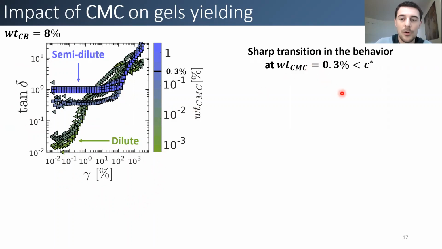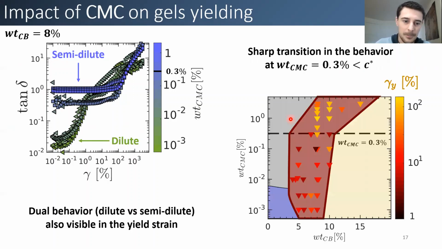And the transition also occurs at 0.3%, which is smaller than the overlap concentration. And the two-regime behavior is also visible in the map of the yield strain, where there is a zone of typically 100% yield strain above 0.3%, and below 0.3% the typical strain is around 1 to 10%.